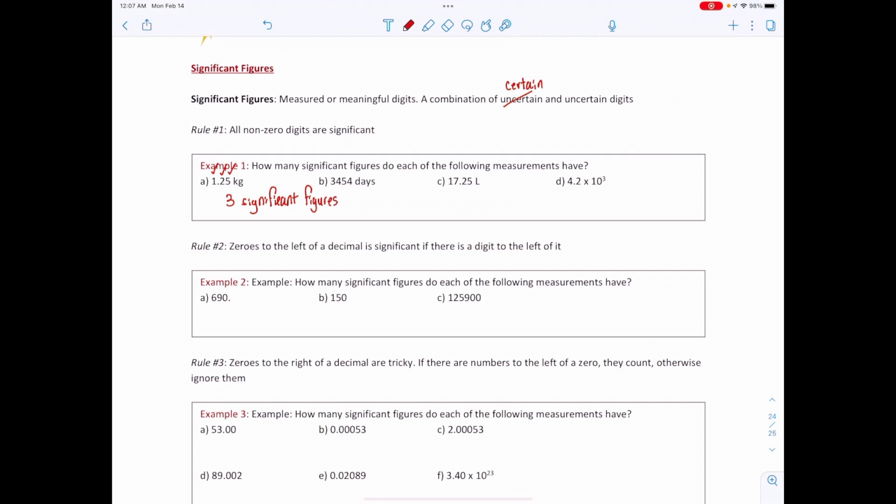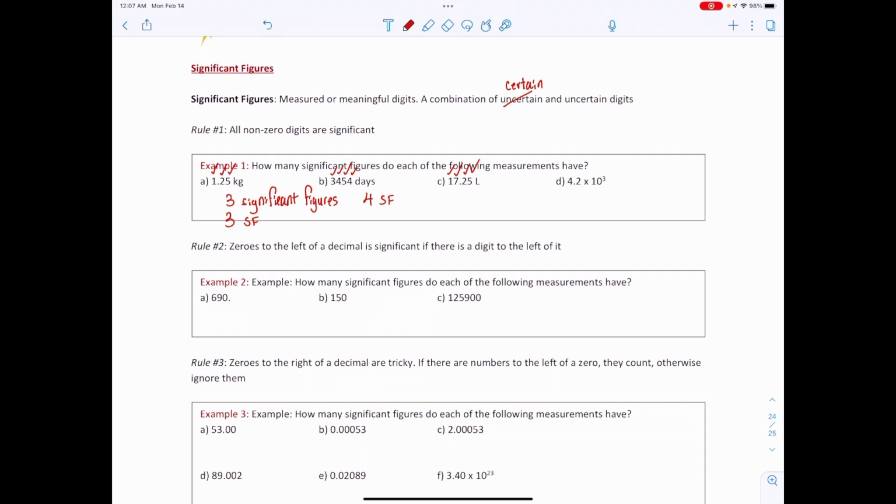Or in short, we often like to say 3 SF. In 3,454 days, 3, 4, 5, and 4, all of those are non-zero digits, and so they are significant. So 4 significant figures.